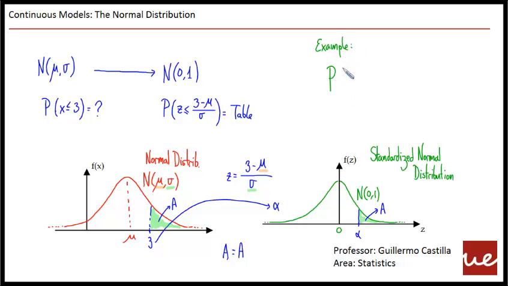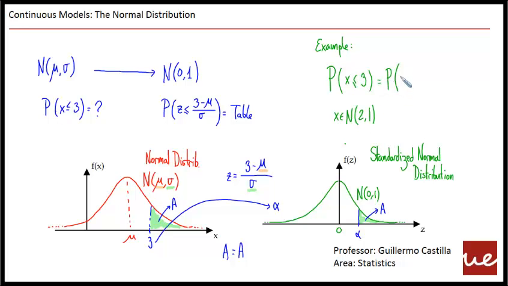Let's put an example, because this might be a bit messy unless you're actually seeing what we're doing. So let's say the probability of x being smaller or equal, let's use the same value, 3, when x belongs to a normal distribution, let's use any normal distribution in this case, let's call it a 2,1 normal distribution, where mu, the mean of the distribution, is 2, and sigma is 1.